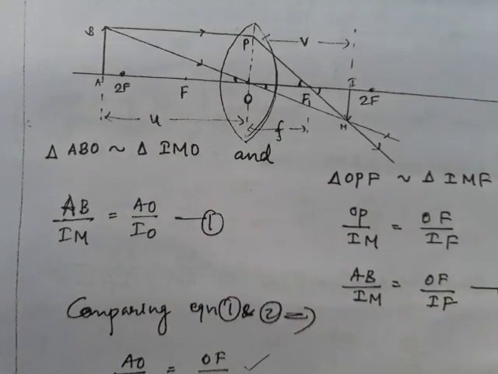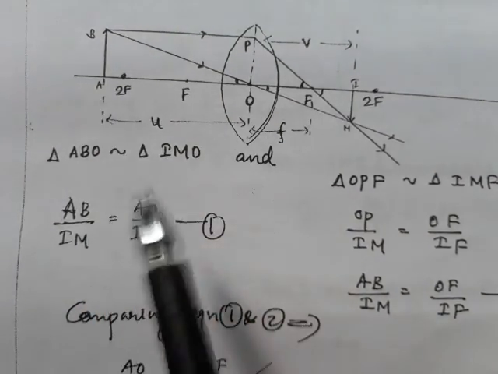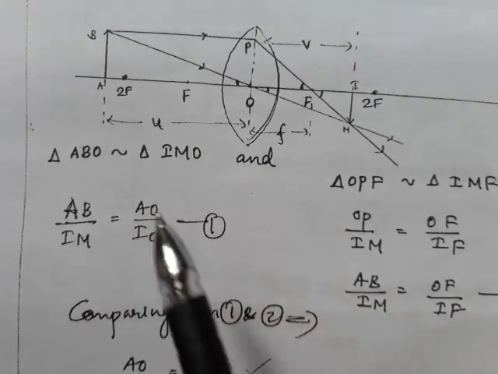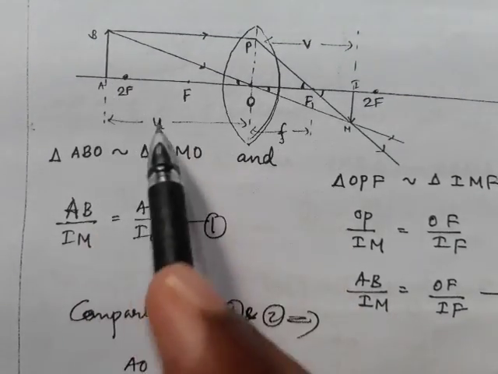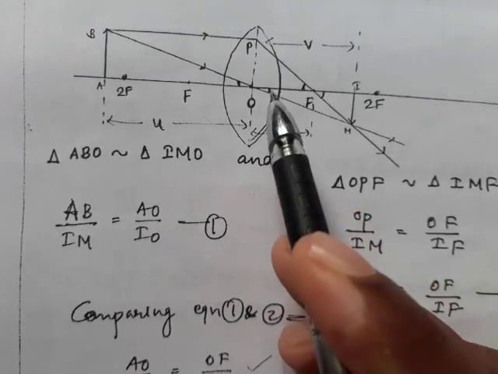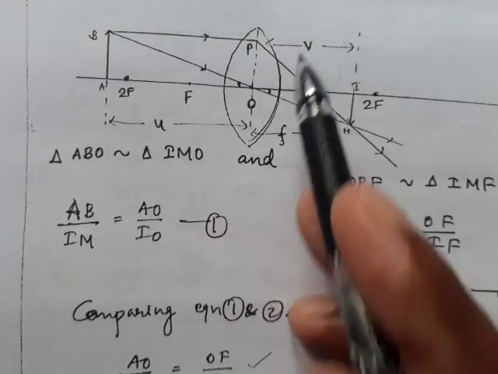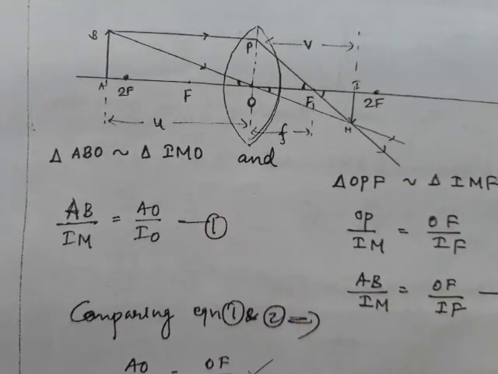Now let us check what AO is. AO is object distance u. As it is on the left side, we give it a negative sign, minus u. Now IO is the image distance v. This is on the right side, so we will give it a positive sign.